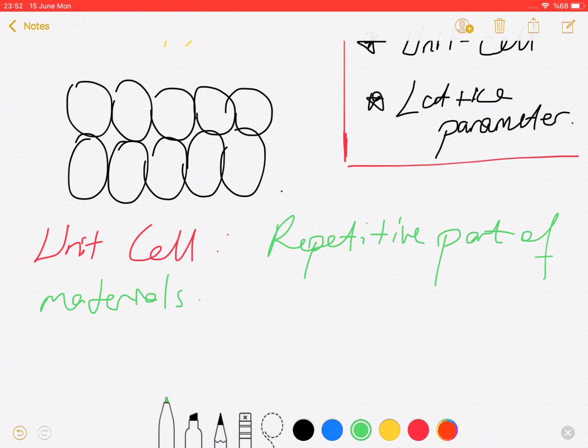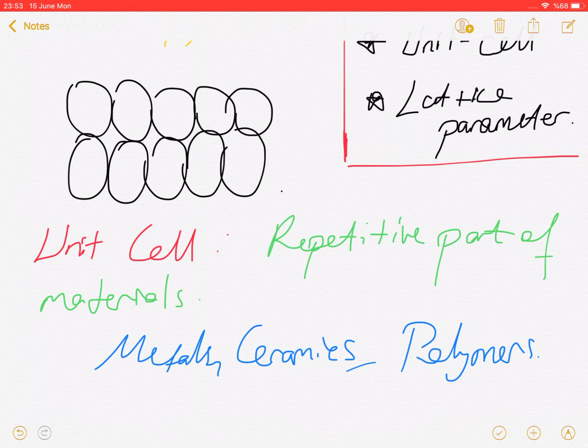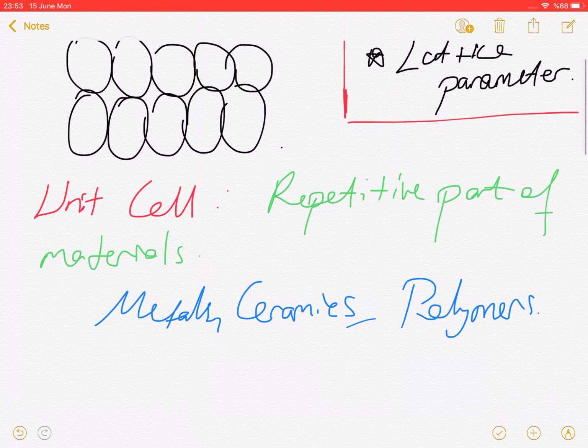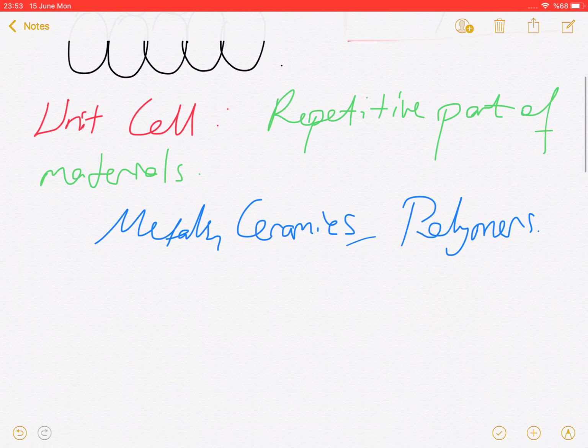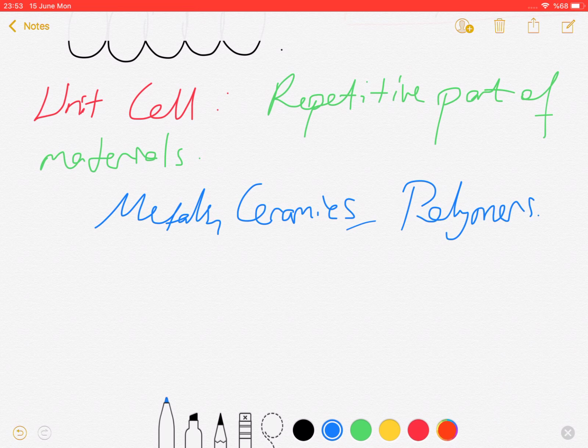This unit cell can be seen in metals, in ceramics, and in polymers. Okay. I would like to give another really important definition, which is the lattice parameter of the unit cell.